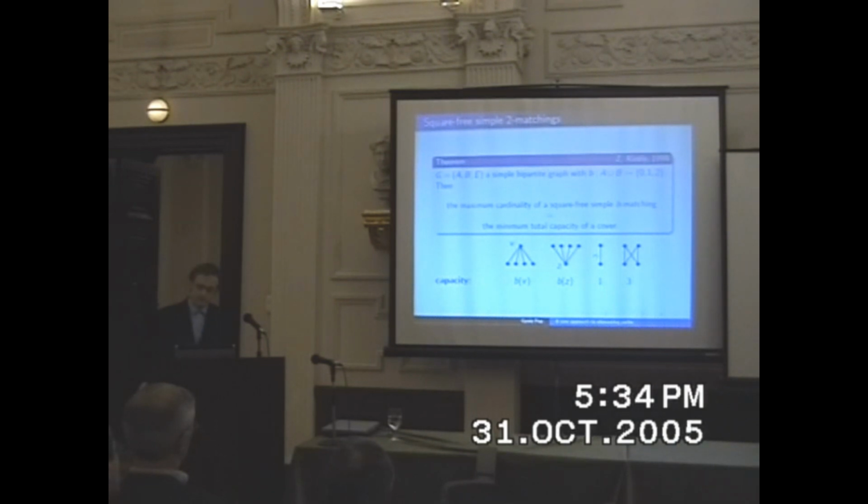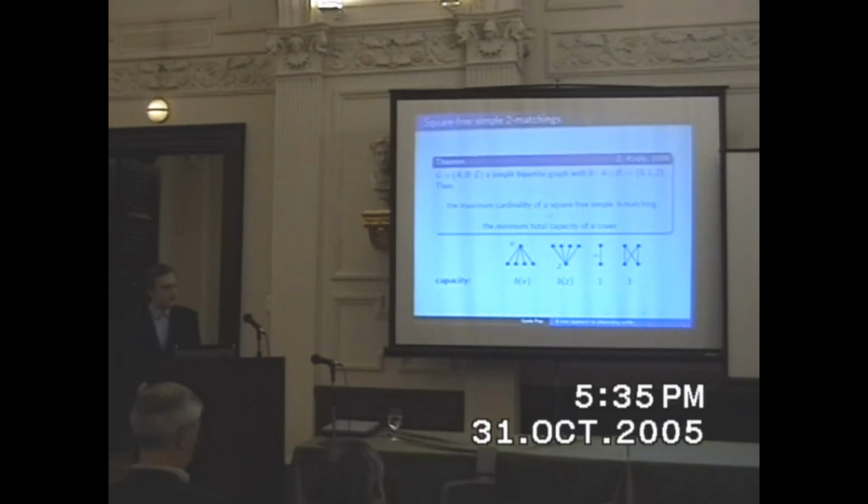Now, Hartwigsen was the first who claimed a good characterization of the maximum cardinality of a square-free simple B matching. He showed that it is attained by a half integral cover.